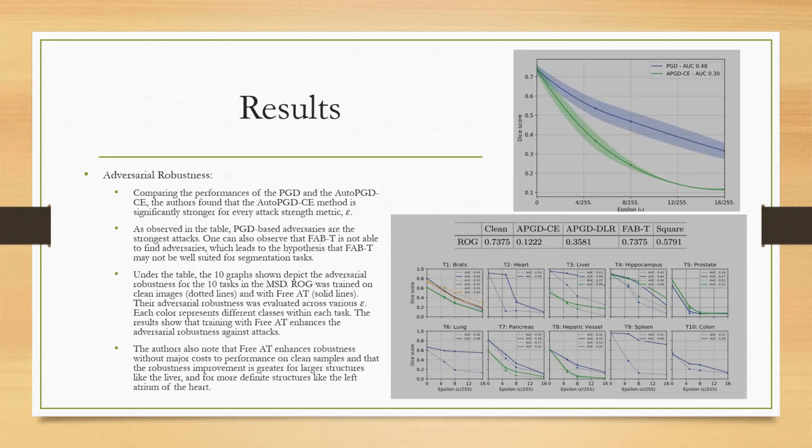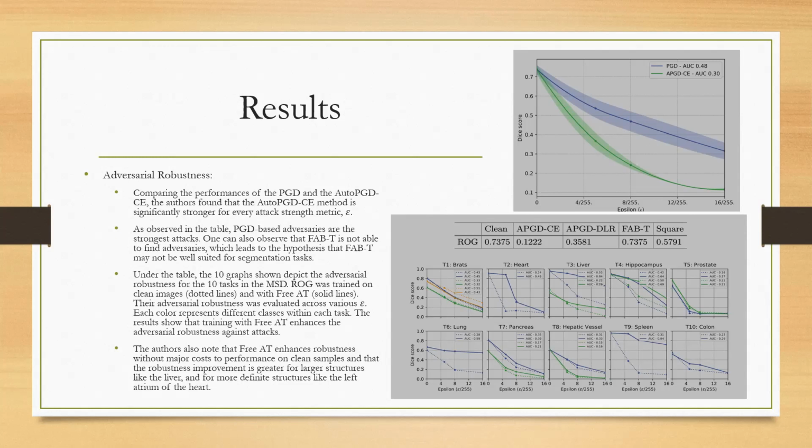So we can observe from the table in the lower diagram that the PGD based adversaries are shown to be the strongest attacks. We can also see that the score for the clean images and the score for the targeted fast adaptive boundary method are the same, which is FABT and clean. This can suggest that targeted fast adaptive boundary may not be the best for segmentation tasks.